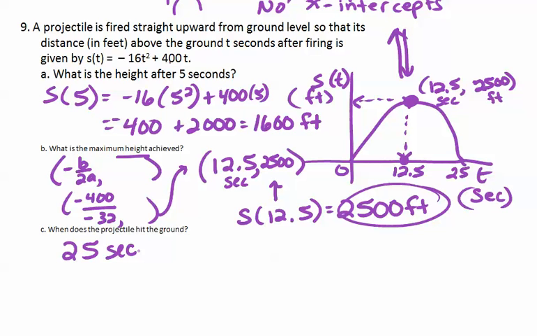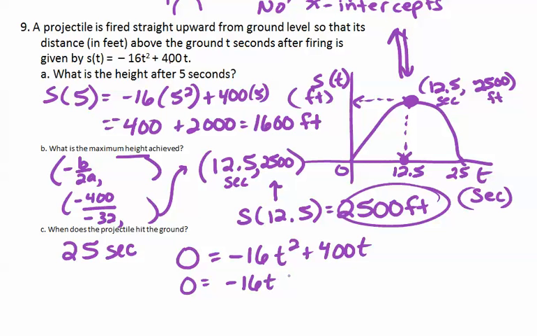If you wanted to do a double check, you would say, well, let's find out when the height is equal to 0. And here's your algebraic solution. When is the height equal to 0? So a polynomial equal to 0, we would factor the GCF. And we've seen this already. This is 25.